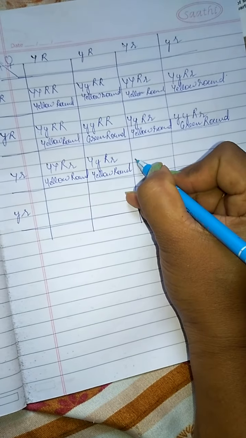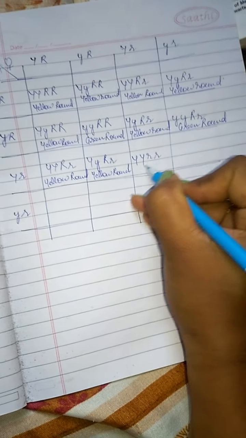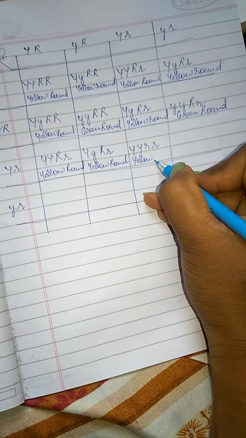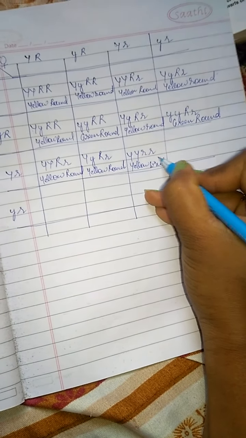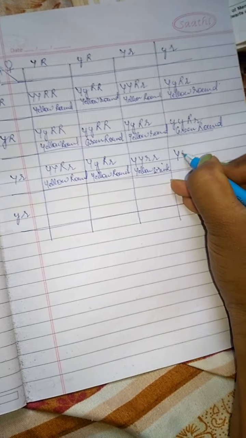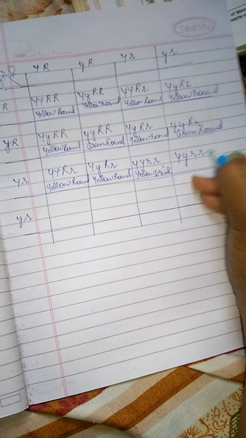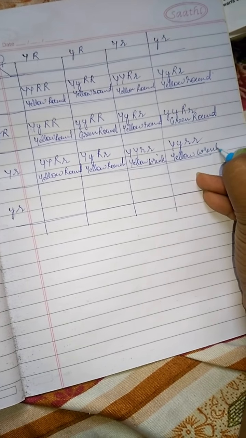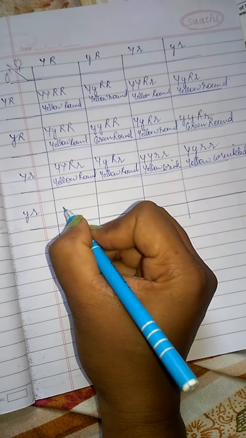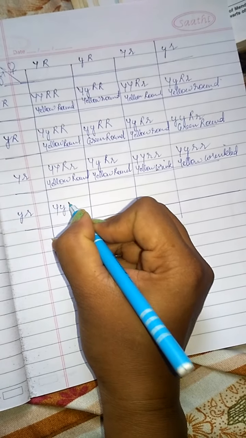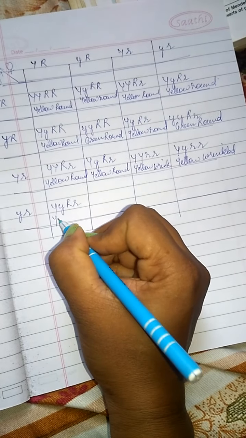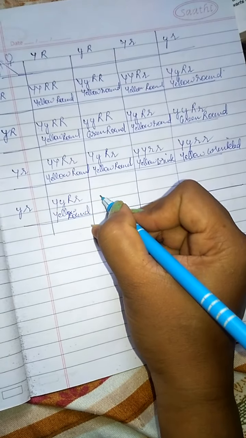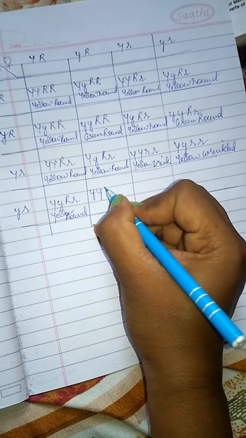Capital Y, small r. So it will be yellow wrinkled. Capital Y, small r. So it will be yellow wrinkled. Capital Y, capital R, small r. So it will be yellow round. Small y, capital R, small r.